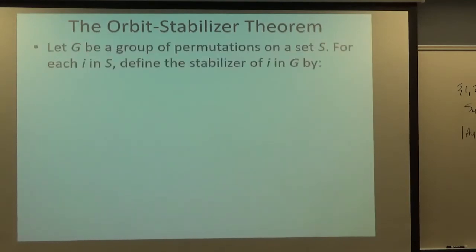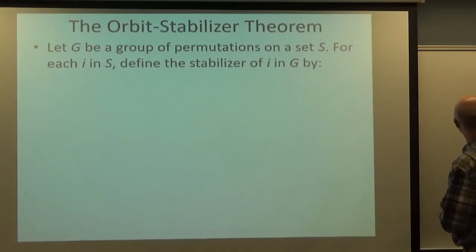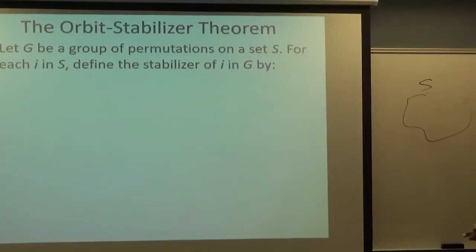What is it about? Well, let G be a group of permutations on a set S. You've heard of stabilizers already, right? It showed up on exam 1. It was a completion problem to work on related to stabilizers. Comes up here. S is an arbitrary set, not necessarily a group.